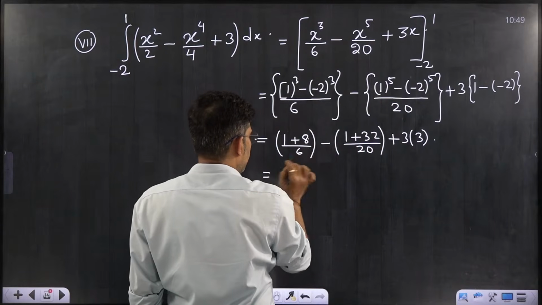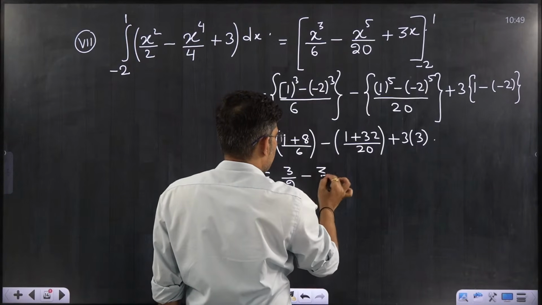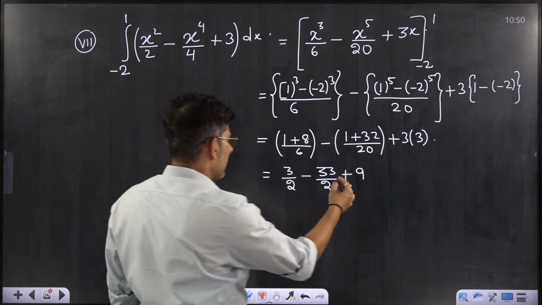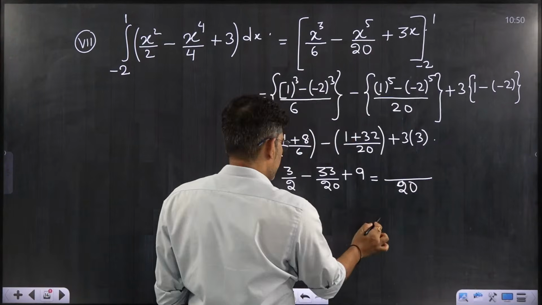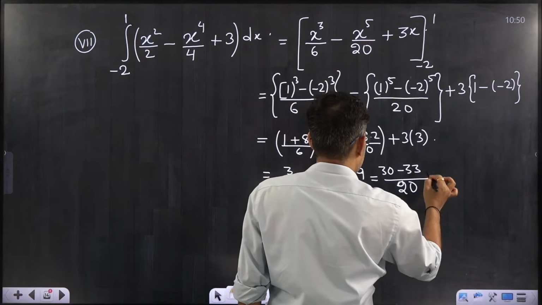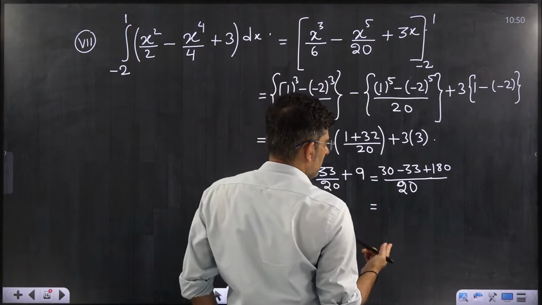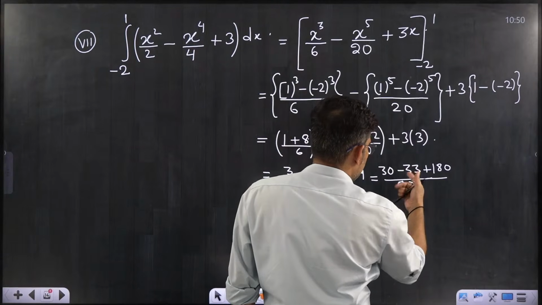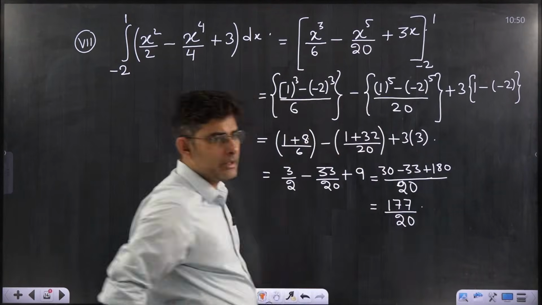So you get 9 by 6, which can also be written as 3 by 2, minus 33 by 20 plus 9. Now you can take the LCM also. If you take the LCM as 20, here we have 2 tens are 20, 30 minus 33 and plus 180. 180 plus 30 is 210, or directly 180 minus 3. This will be the answer.